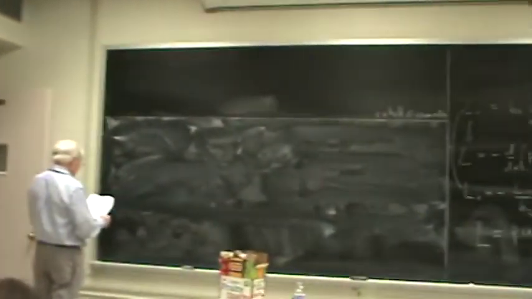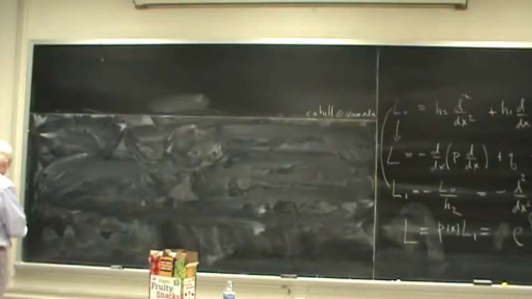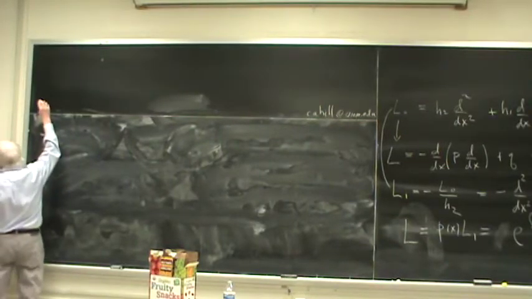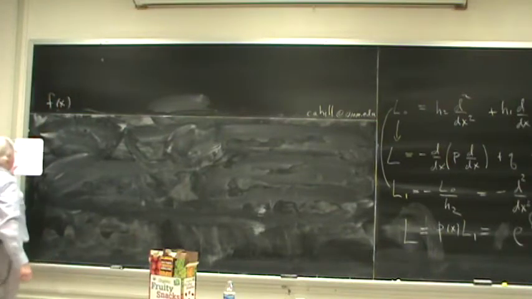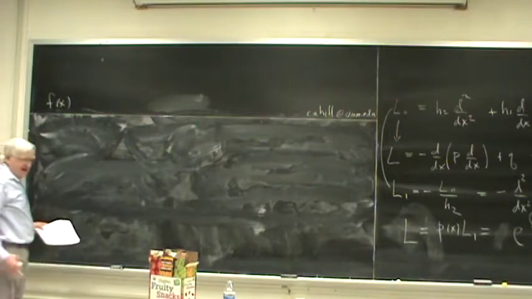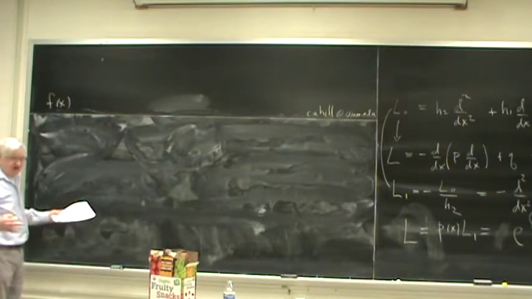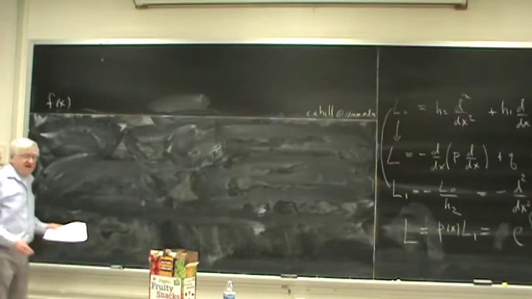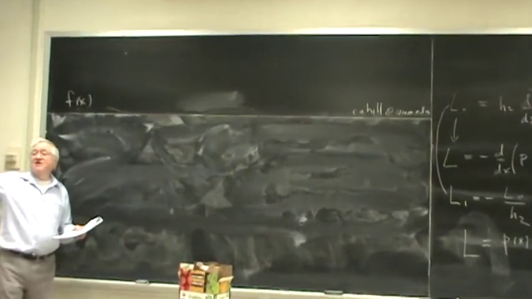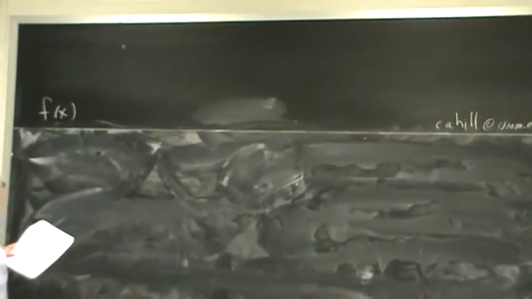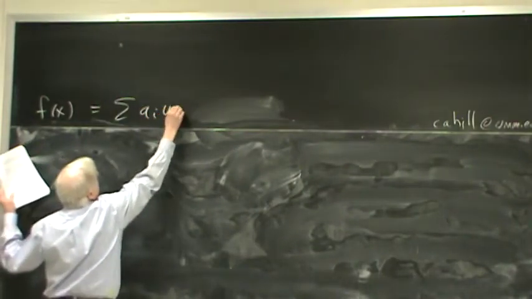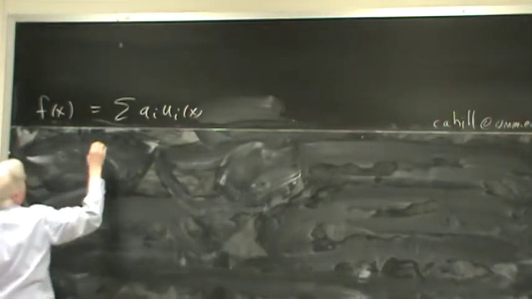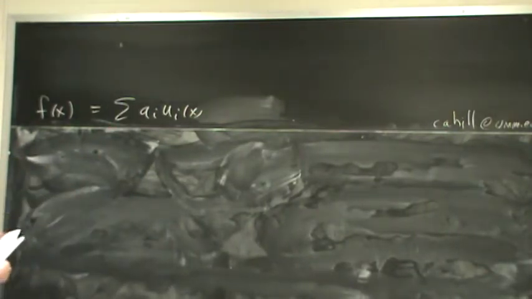But what I can summarize, really quickly, is that if we have any function that's in a vector space of functions that we're talking about, and it may be, let us say, any function in the domain, for example, so it satisfies the boundary conditions, and it's, let us say, square integrable, then we can write this as a sum of a_i u_i of x, and i goes from 1 to infinity.